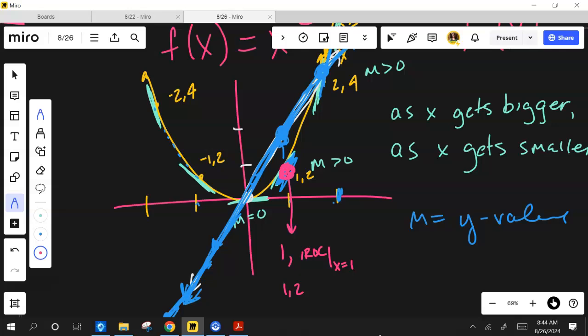No, we're talking about what the graph of the derivative would look like based on the graph of the function.